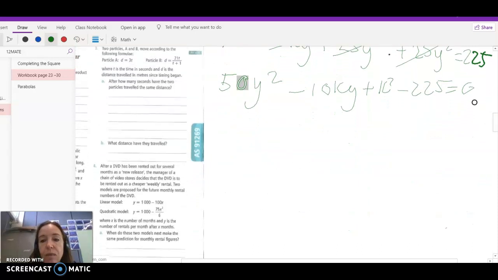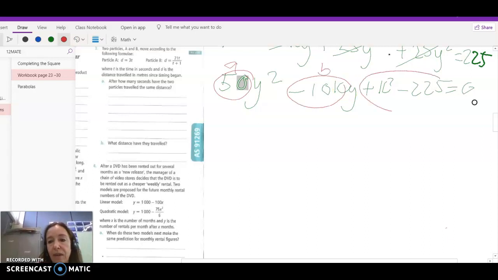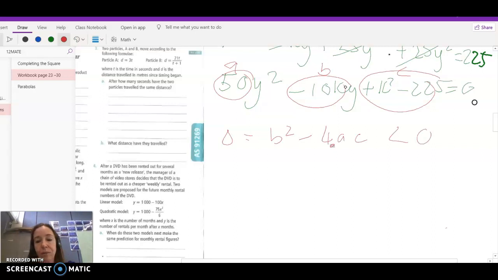Now, in there I have got A, B, and C. And I know that I'm looking for delta equals b squared minus 4ac, and I'm looking for it being less than 0. So if I substitute my b into that, b is going to be minus 10k all squared minus 4 times 50 times k squared minus 225.